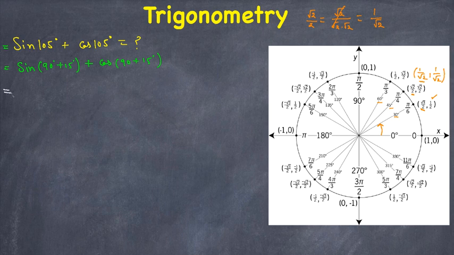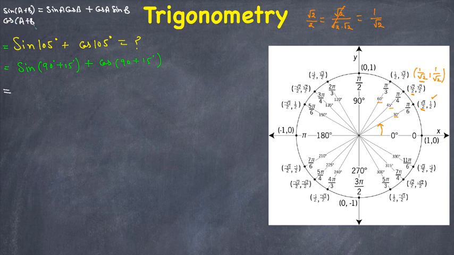So now we can use sine A plus B identity. Let me write down that over here. Sine of A plus B is equal to sine A cosine B plus cosine A sine B. And this one is cosine A plus B. I'm going to write that down too.